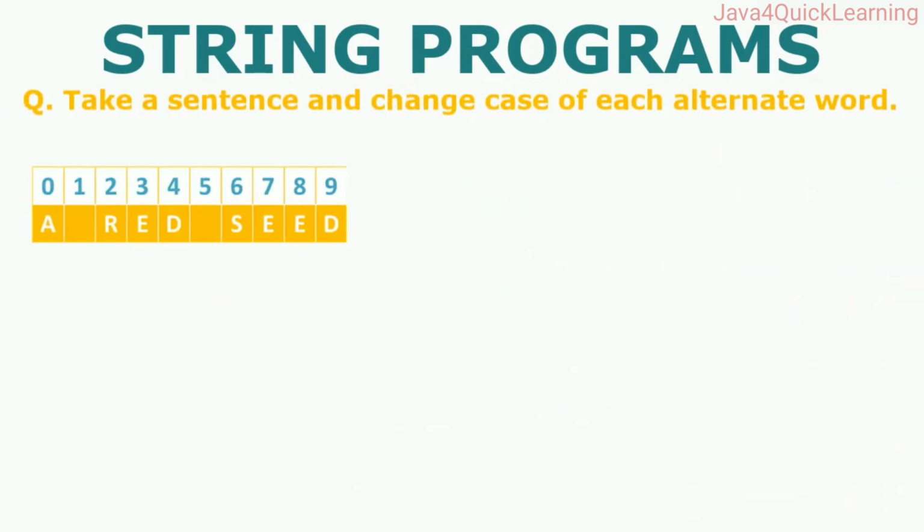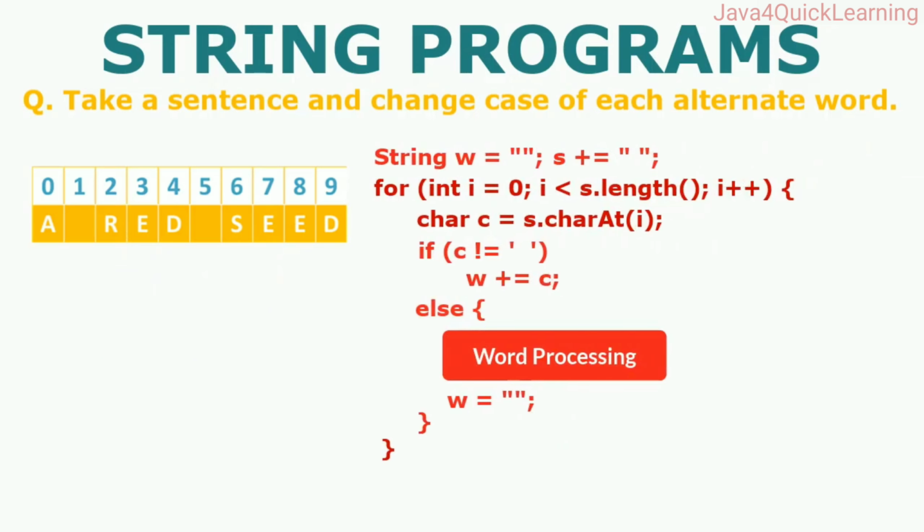Let's take the next program which takes a string and changes case of alternate word. So the first word should be uppercase, second word lowercase, then again uppercase and so on. Here again we will take our template. We will declare a string variable before the loop. Since we need to keep track of which is an alternate word, we will declare a count variable too outside the loop.